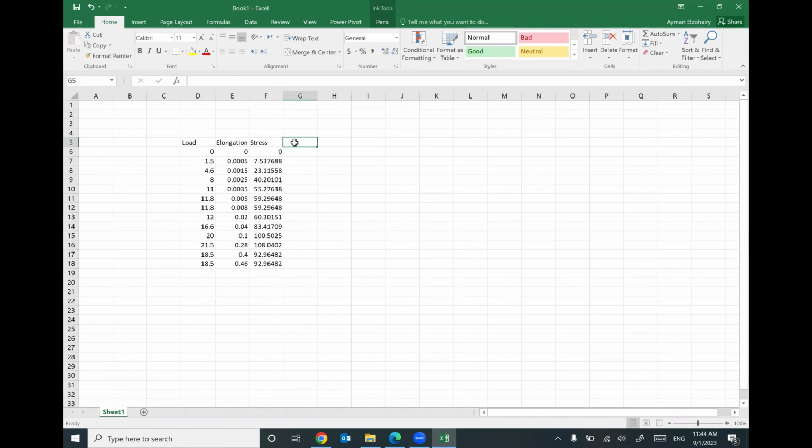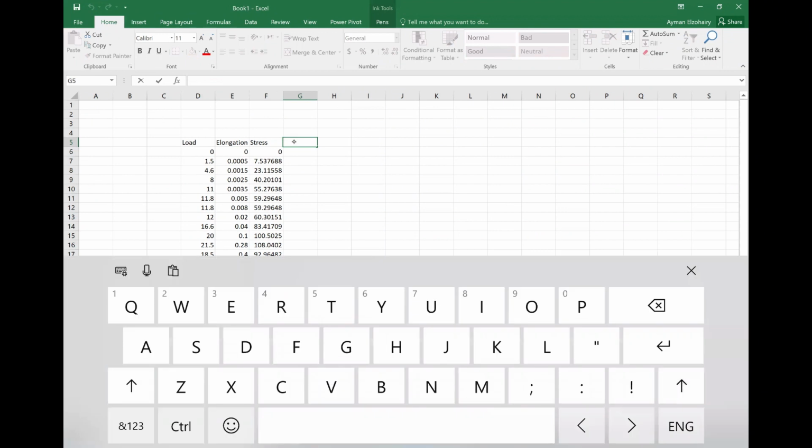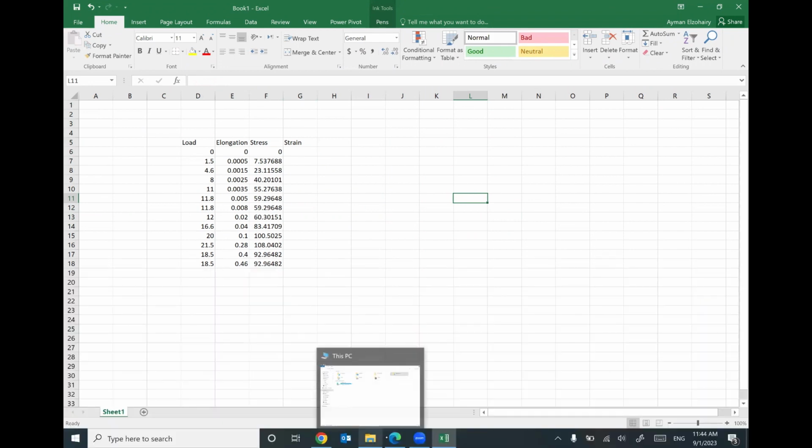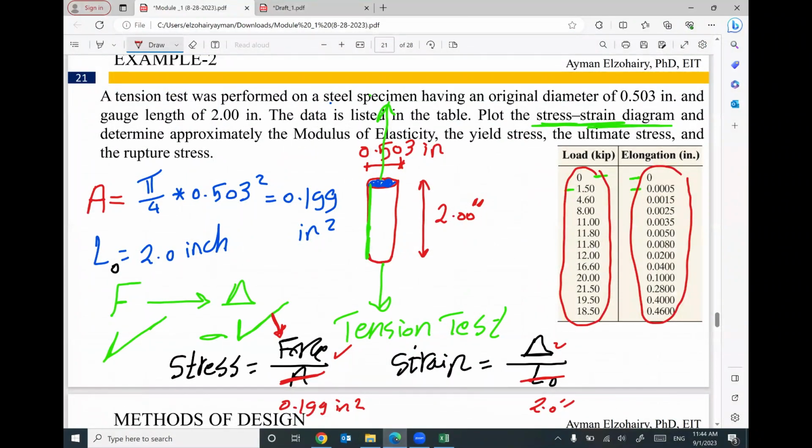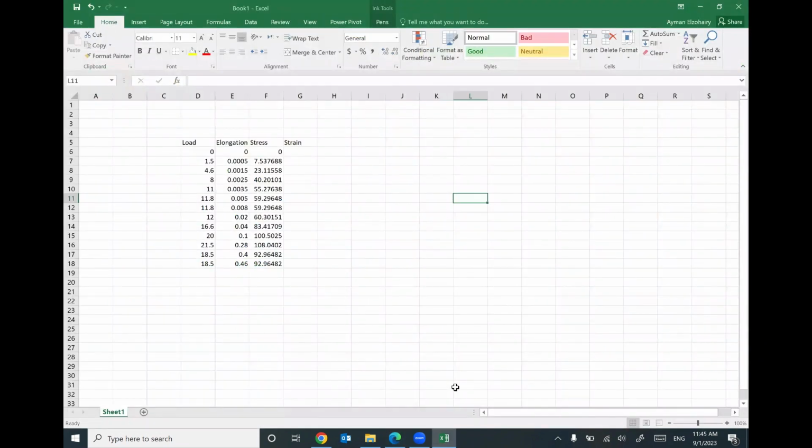If you would like to figure out the strain, you have to divide the elongation records by 2 inch, which is the original length of your sample. So I will come here and write equal.